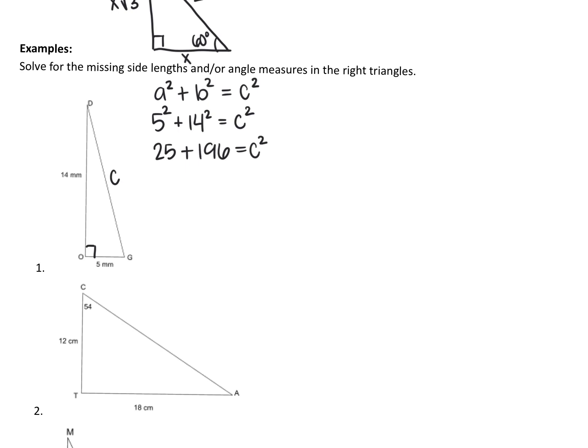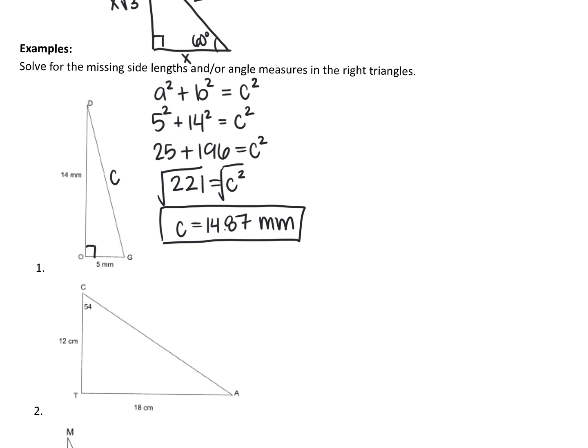Then 25 plus 196 gives us 221. Then we'll take the square root, and we get that C has a length of 14.87, and then we know our sides are in millimeters. So that's our missing side.